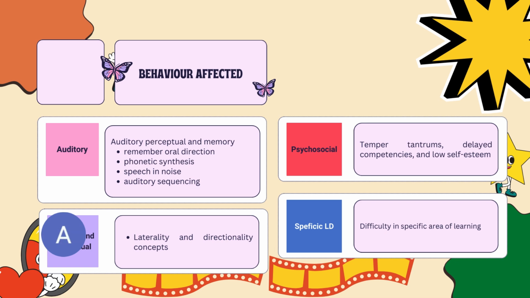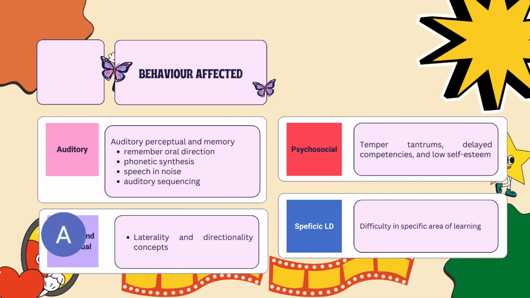They would have auditory perceptual and memory problems, in which they would have difficulty remembering oral directions, difficulty in understanding phonetics, and also in actually using them, having speech and voice noises, and also auditory sequencing. They couldn't sequence or redirect the auditory that they're hearing.